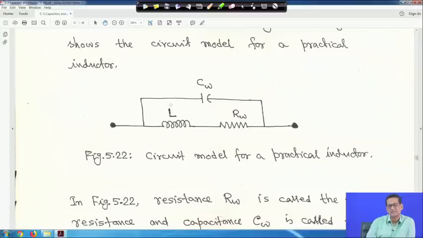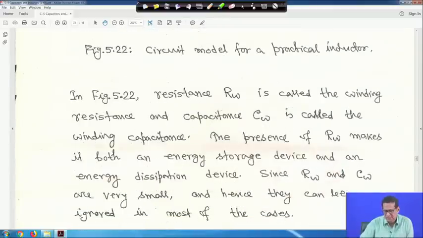So, this is the exact circuit for the inductor, but in reality Rw is very negligible and Cw is also negligible. So, we only consider the inductor, and the resistance we generally do not consider. For some problems we also consider the resistance and inductance of the inductor, which we will see later, and Cw we generally do not consider as far as our circuit analysis is concerned. In figure 22, Rw is called the winding resistance and Cw is called the winding capacitance.